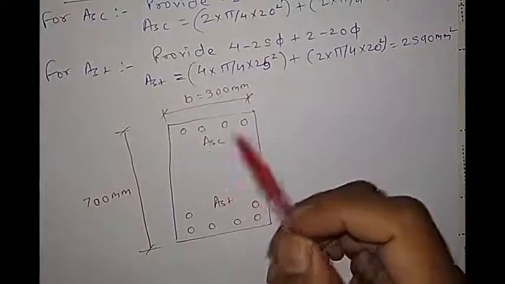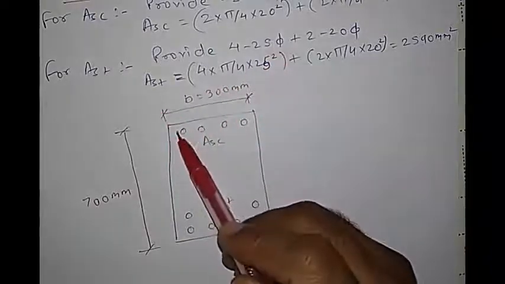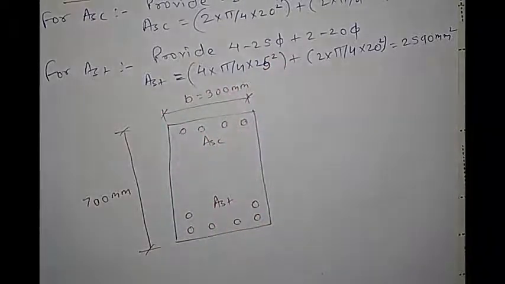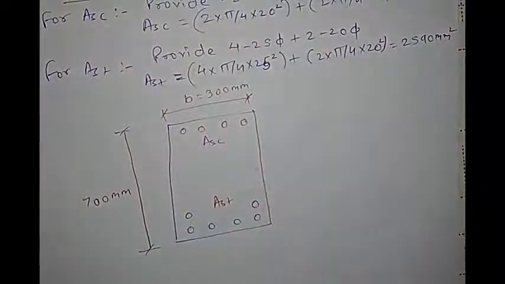So here you need to remember, whatever outer bars are there, they have to be of higher diameter, or the inner ones should be of lower diameter.